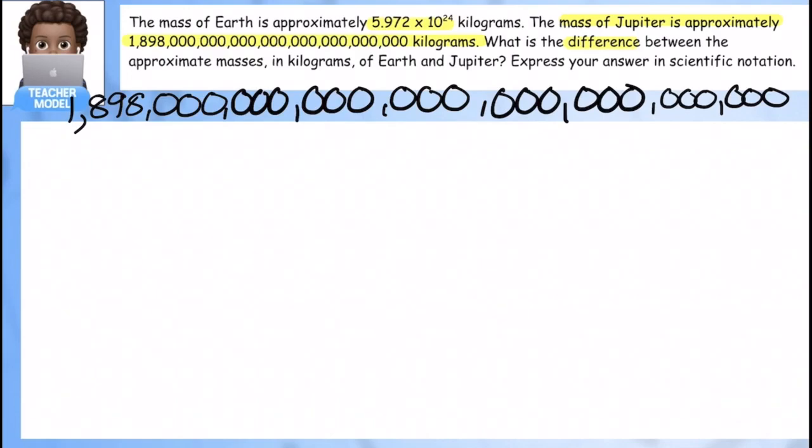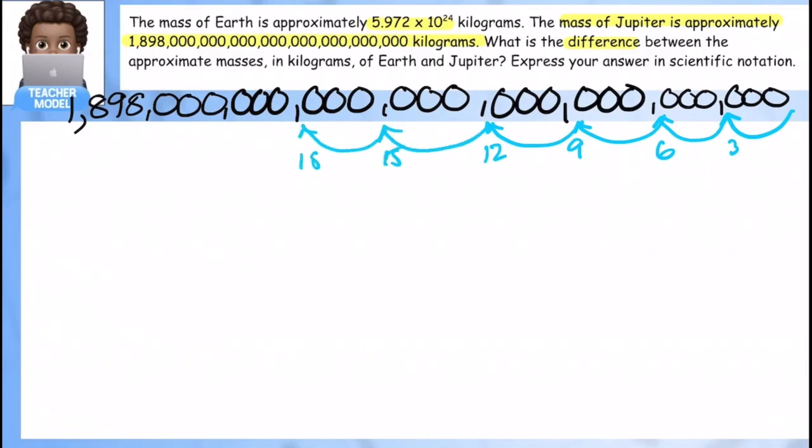All right, so to start getting this in scientific notation, there are tons of zeros. I'm going to do some skip counting, just so I can see the shift. So this is 3, 6, 9, 12, 15, 18, 21, 24.